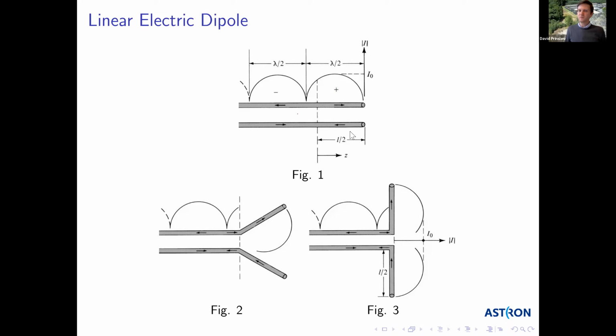Now, if you were to visualize bending open this transmission line at a certain distance, this sinusoidal current distribution on the transmission line doesn't cease to exist. If someone asked you, here's a dipole antenna, what's the current on it?